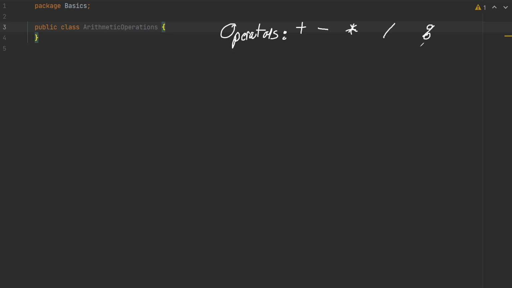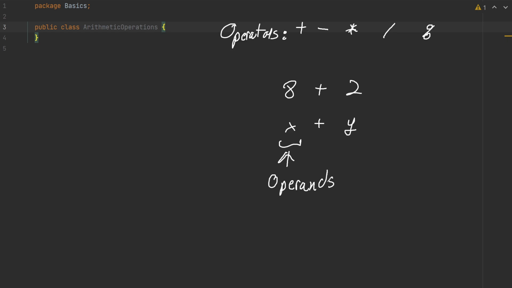The two values beside one, so let's say 8 plus 2, or if there was a variable x plus y, these would be called the operands. Again, terminology is important. Maybe this terminology is not the most important thing, but it's always useful to be able to express yourself better.